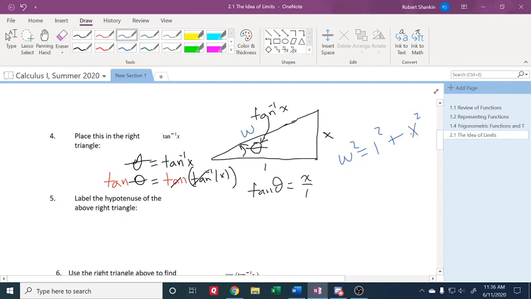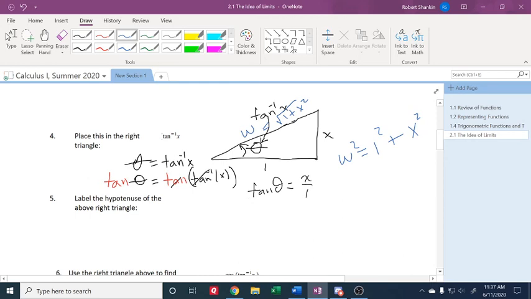So then we've got to solve this for w. So w is equal to the square root of 1 plus x squared. Alright, so then we've labeled the hypotenuse.